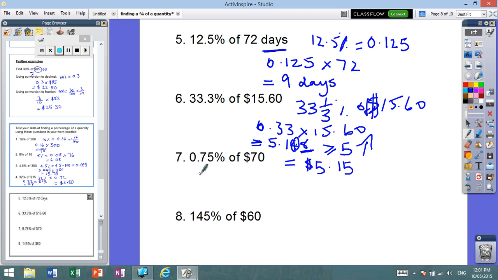So we've got 0.75%, so that's a very small number of this $70. To convert that to a decimal, we need to go 3/4 divided by 100, and that gives us 0.0075.